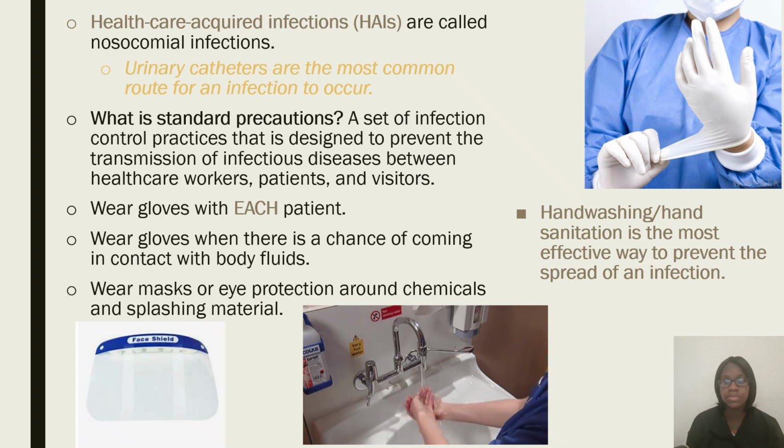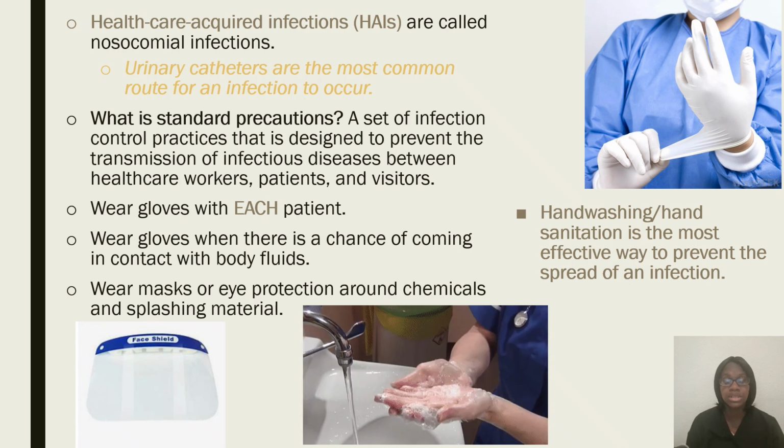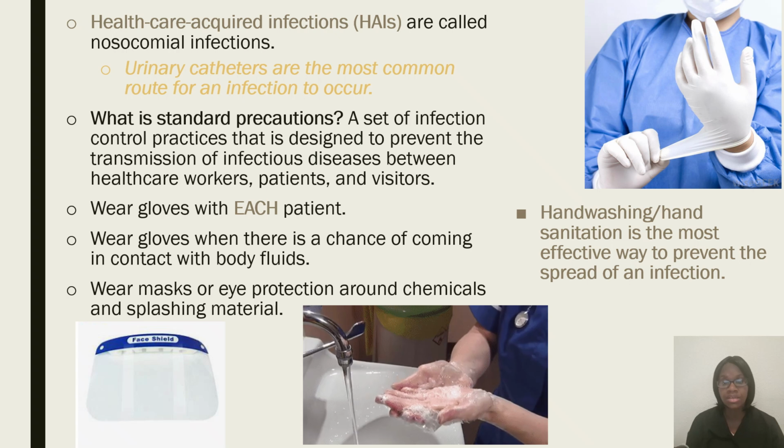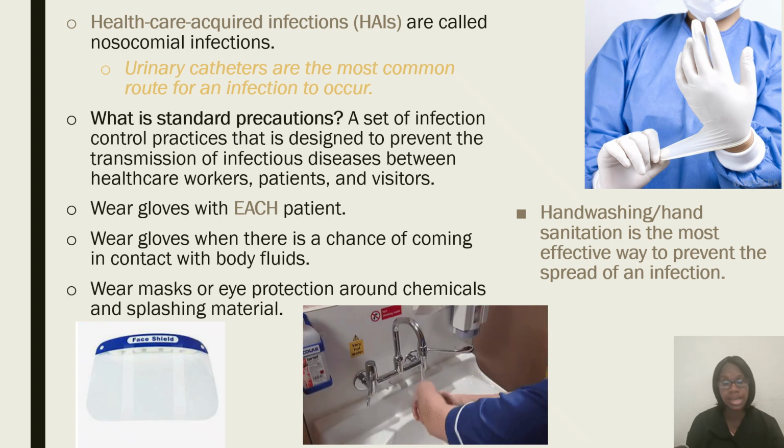You want to just assume that anyone or everyone has an infection, and they may not, but this is just to make sure that you are wearing gloves so that you do not transfer any germs or infections to other people or other things like our keyboards. We have our mouse where we're clicking and typing on the keyboard, our countertops.